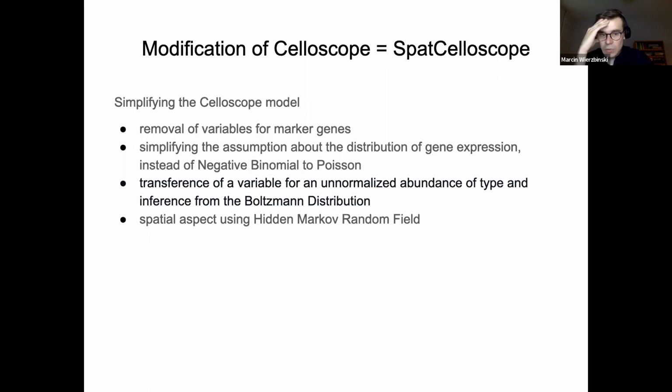The Boltzmann distribution is useful in statistical physics, and this distribution has the property of hidden Markov random fields, which means we can model the spatial dependency between discrete or continuous variables.